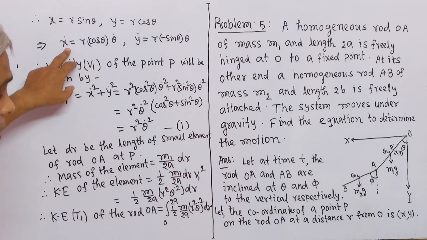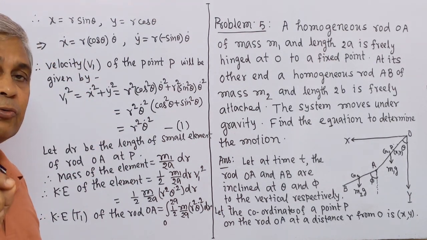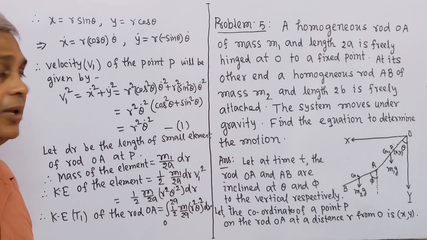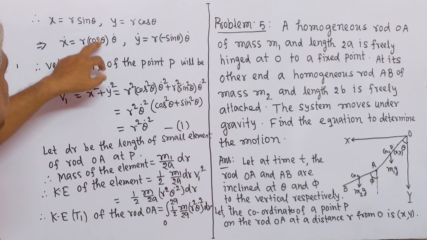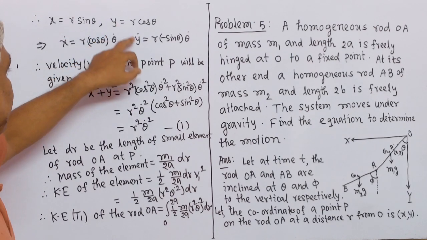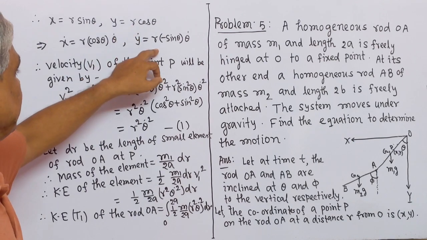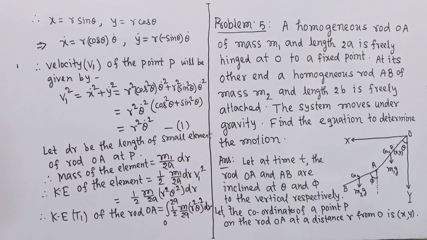Differentiating with respect to time t, x dot equals r cos theta theta dot, and y dot equals minus r sin theta theta dot.